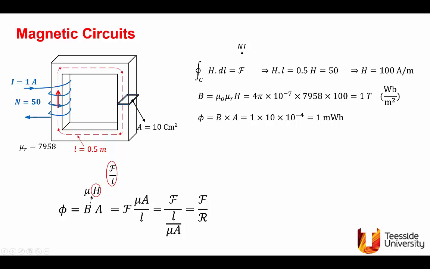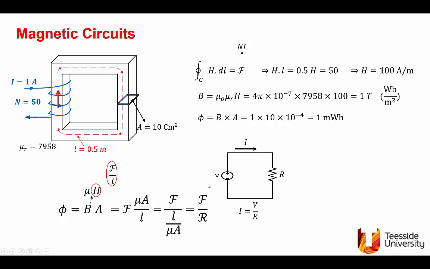Rearrange it, and we end up with the flux phi is the magnetomotive force F divided by the reluctance, where the reluctance is L over mu A.